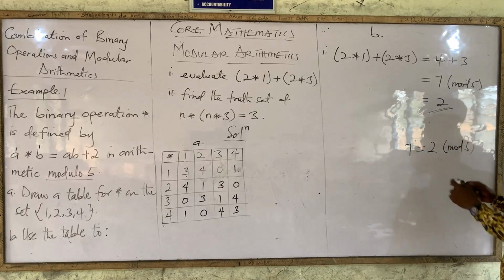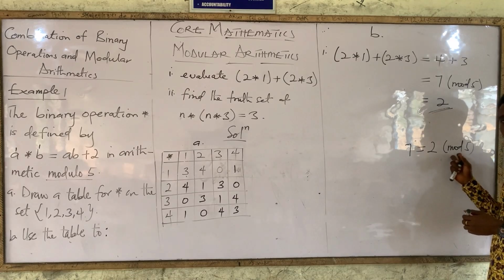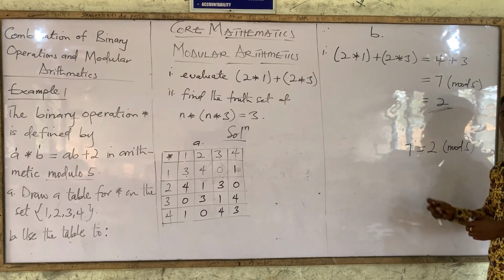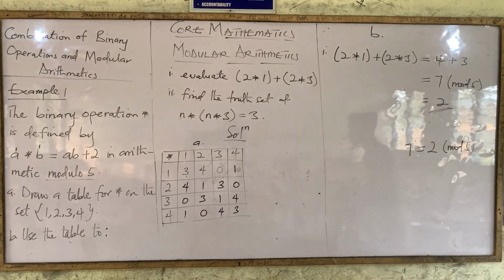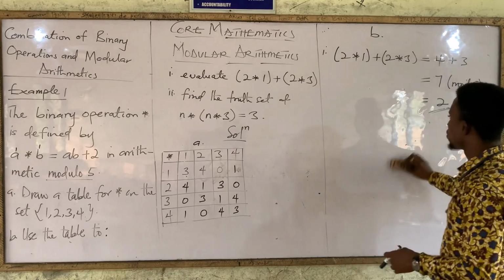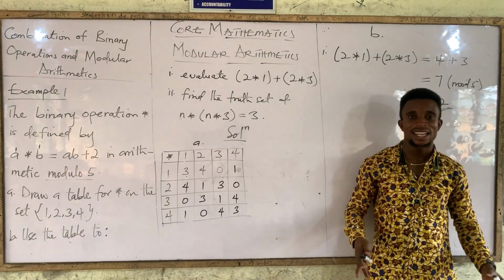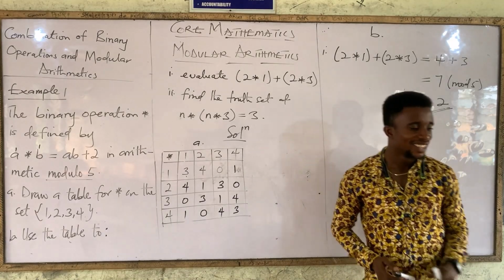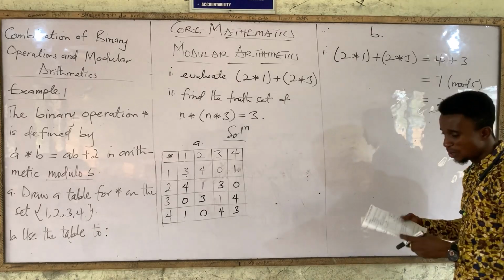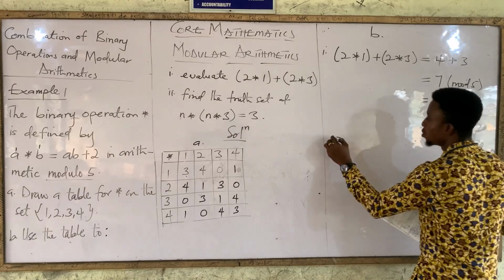I think you know this. Yeah, 7 will give us 2 whenever we take mod 5 on 7. Are we getting that? So this one is the same as this one. Okay. So that is that for this example. Do you understand? Shall we take example number 2? Calm down, you understand everything, eh? Okay. So example number 2 also says we have to do the following.